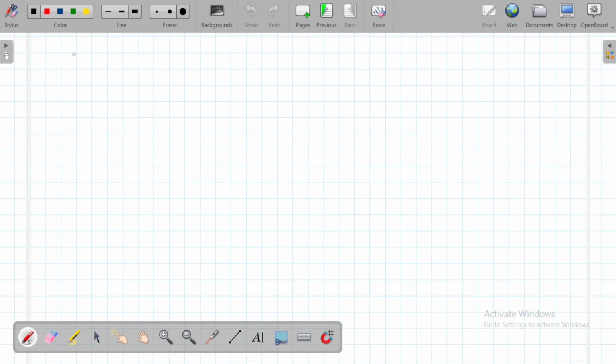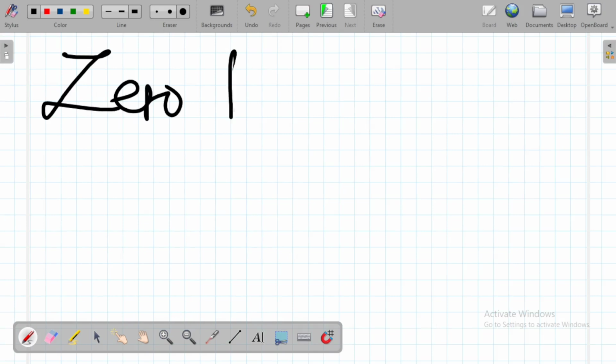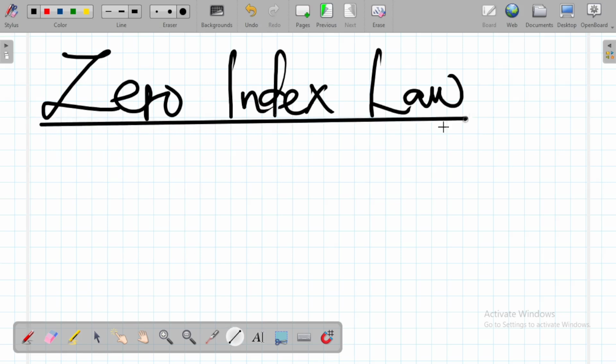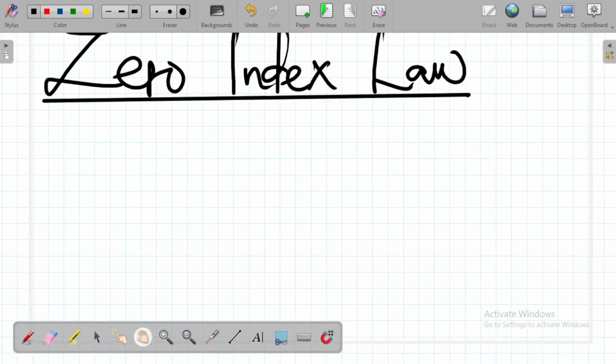Now let's consider the next law, which is the zero index law. The zero index law states that apart from 0, any number raised to power 0 is 1.